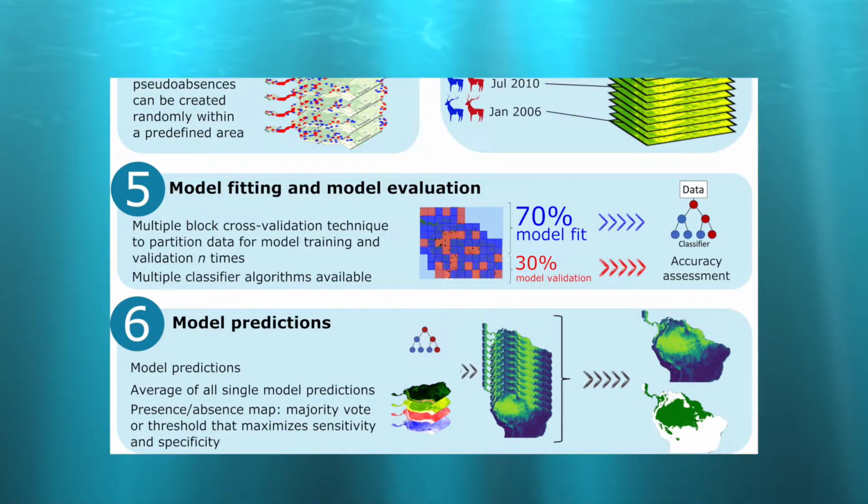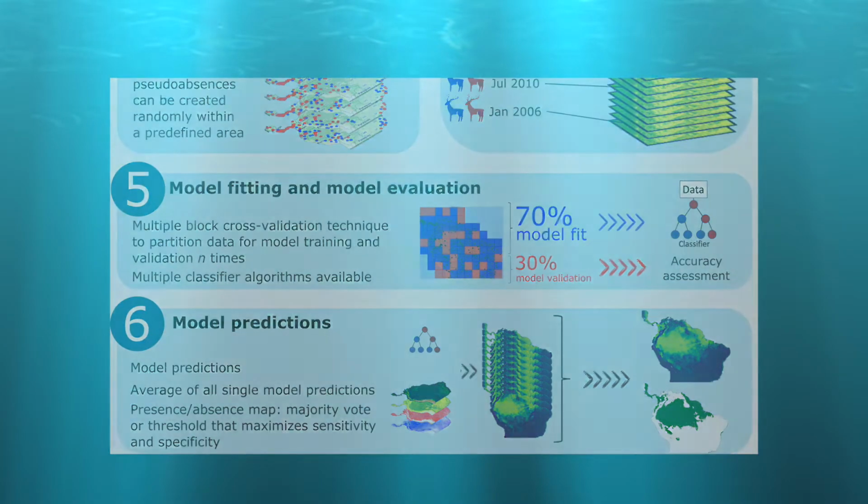For this, we're going to use multiple block cross-validation techniques, one of the most accepted techniques nowadays. And finally, we can do a model prediction by averaging the individual predictions over all those iterations. So this is a basic overview, and now we can get to our code editor and start working.